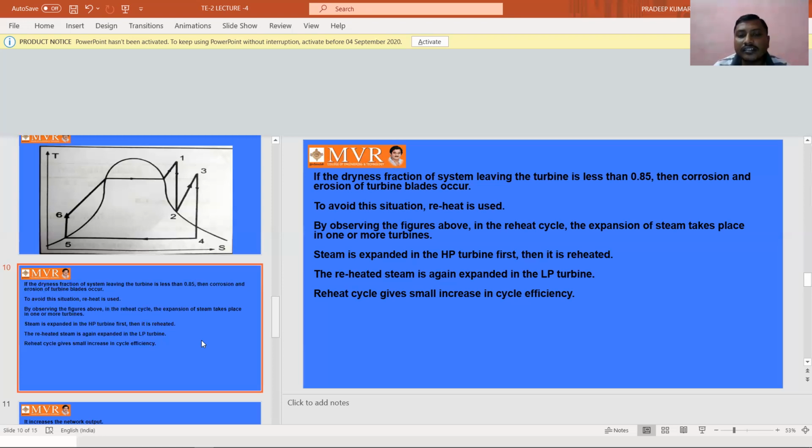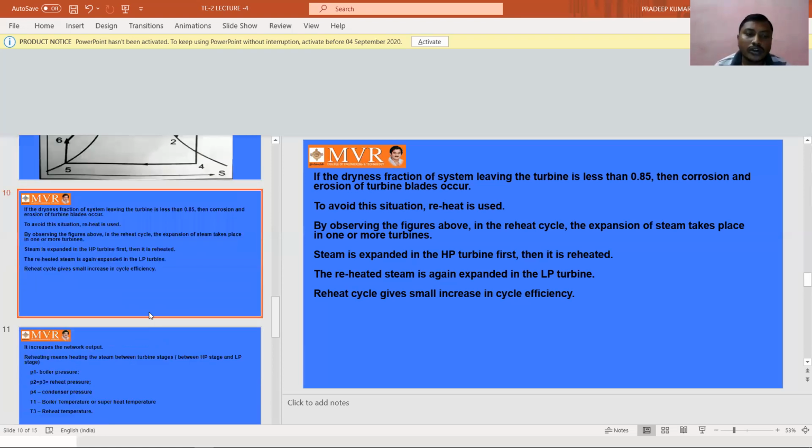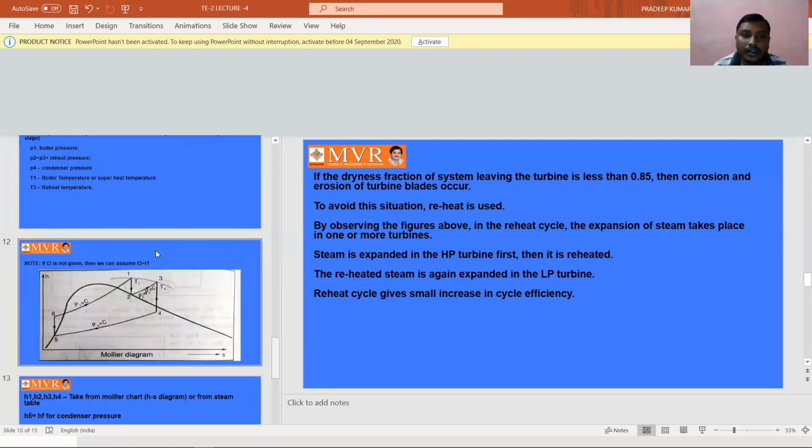The reheated steam is again expanded in the low pressure turbine. The reheat cycle gives a small increase in cycle efficiency. By using this reheat cycle, the cycle efficiency is increased.